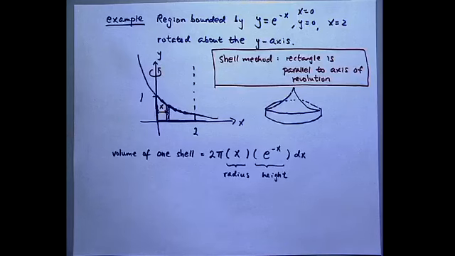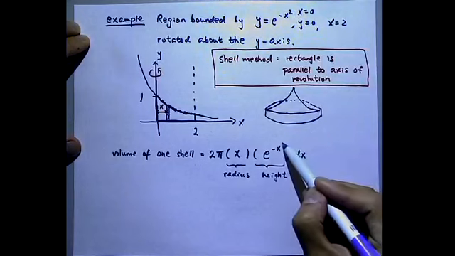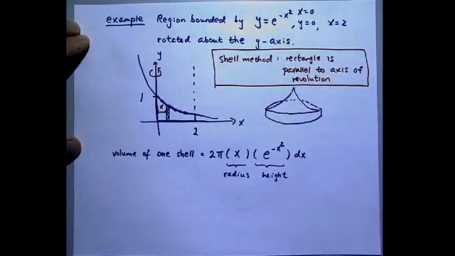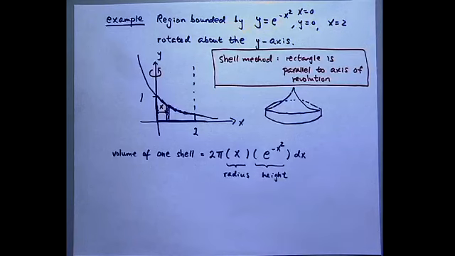Oh, hold on. Go back up one. This should be e to the minus x squared. Okay, that made a huge difference. Don't worry about that difference that would have made, but let's just focus on what we're supposed to do. This is better now, okay? I missed out the x squared.